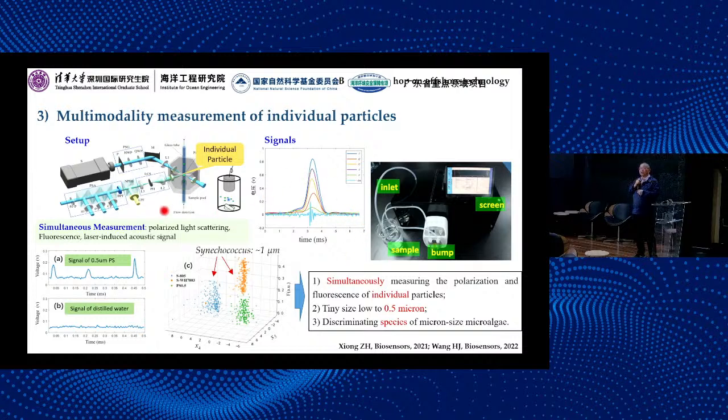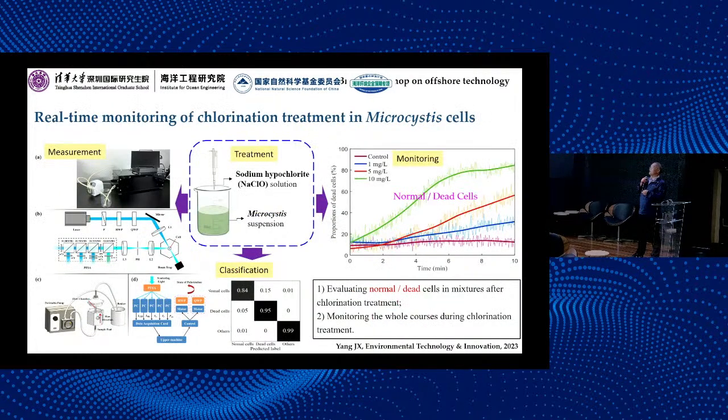We measure the polarization signals and the fluorescence signals together at the same time. By combining the two signals, we can classify the particles efficiently.